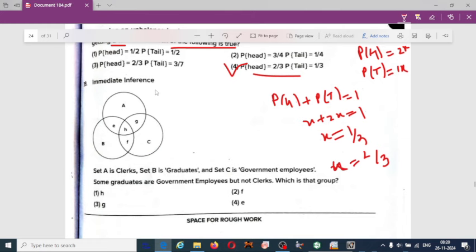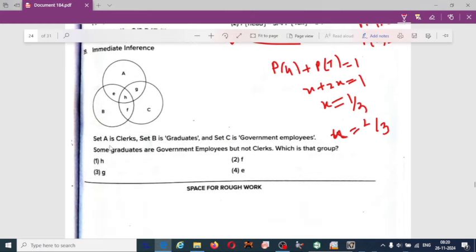Next question, immediate inference. A is a clerk, B is graduates, C is government employees. Some graduates are government employees but not clerks. Which is that option? So A is clerk, B is graduates, C is government employees. We are not bothered about set A, clerks. Only we are bothered about the graduates and government employees.